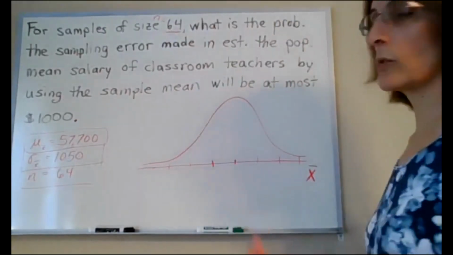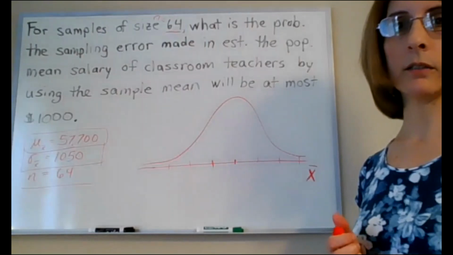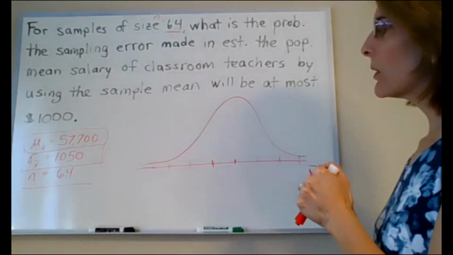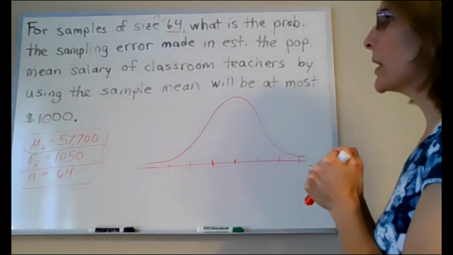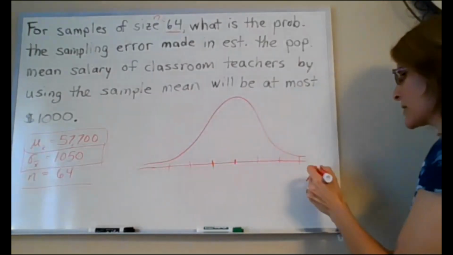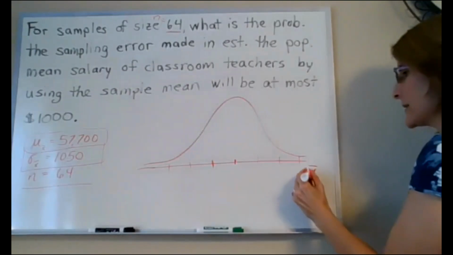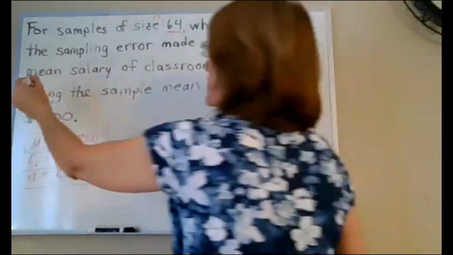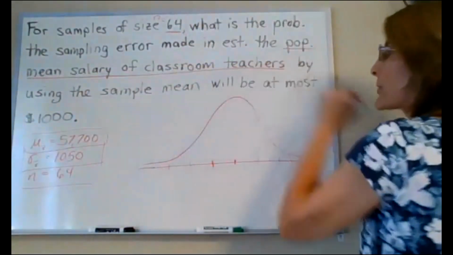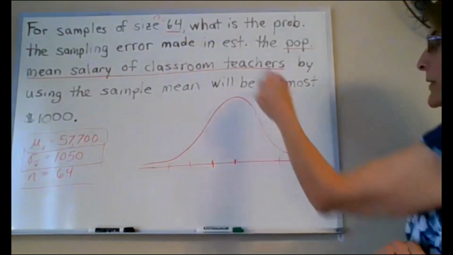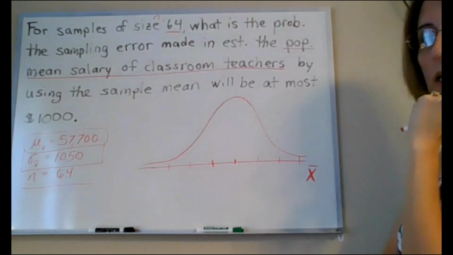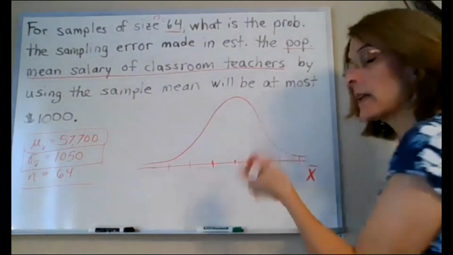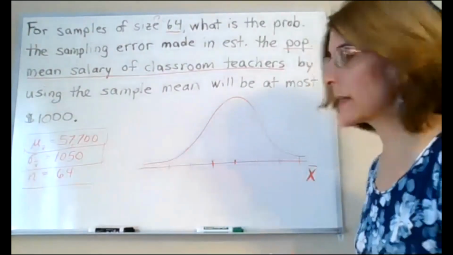So the first issue is trying to understand what they're asking here. Basically, if we use X bar to estimate the population mean, the mean salary of classroom teachers, what's the probability that our sampling error will be within 1,000 of the population mean that we're trying to estimate?